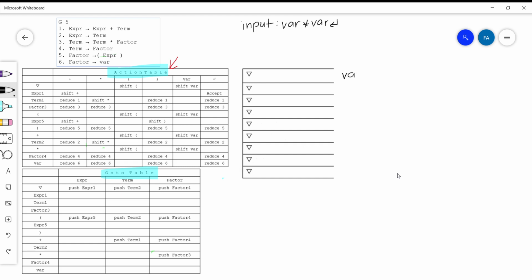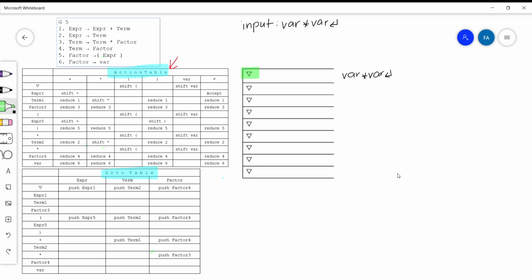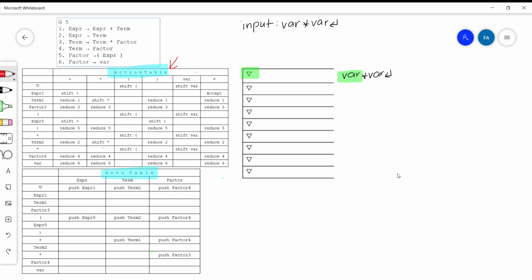So our input is var times var and marker. We start by writing the whole input on the next column. So what we need to do is read our action table by looking at the symbol on top of our stack. The symbol on top of our stack now is bottom marker, and our current pointer is var. So we look at our action table, we look at bottom marker, and we look at var, and the cell reads shift var.